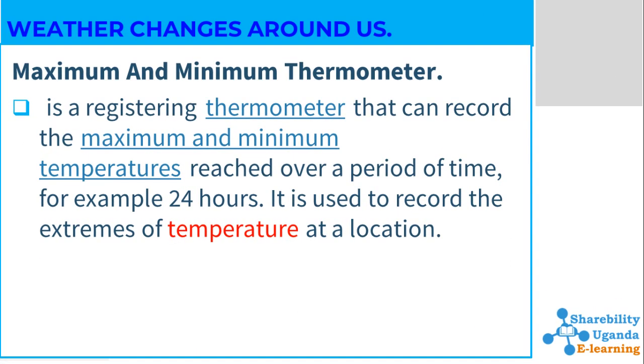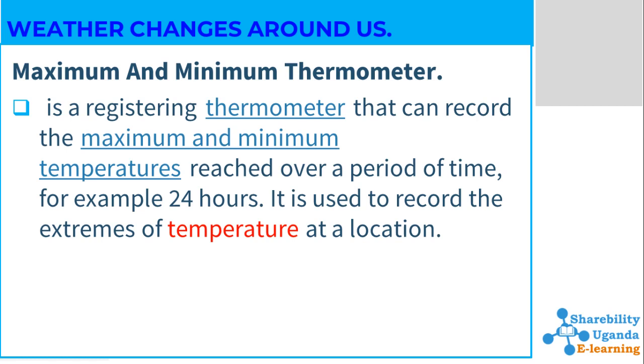We have another type of thermometer which is called the maximum and minimum thermometer. It is a registering thermometer that can record the maximum and minimum temperatures reached over a period of time, for example after 24 hours.